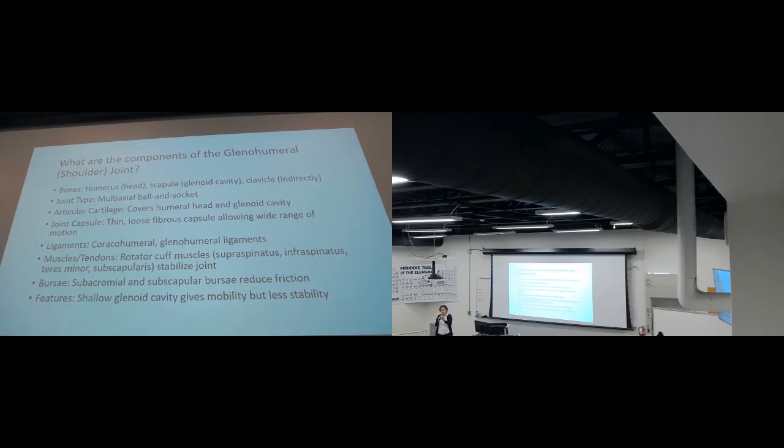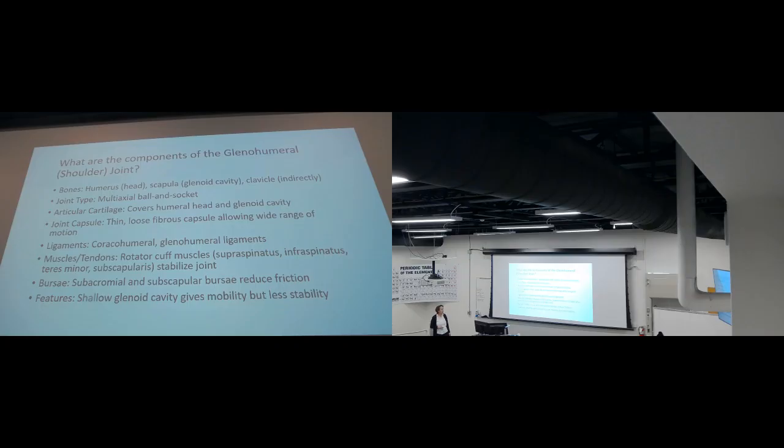Teres minor is a muscle that is round, and it's just located below this infraspinatus and together with the subscapularis, which is located anteriorly in the subscapular fossa, just anterior to the supraspinatus and infraspinatus, it helps to stabilize this joint. So those are muscles that help to stabilize the glenohumeral joint.